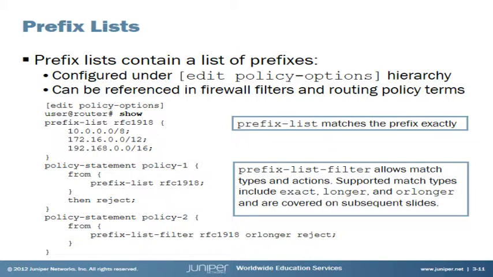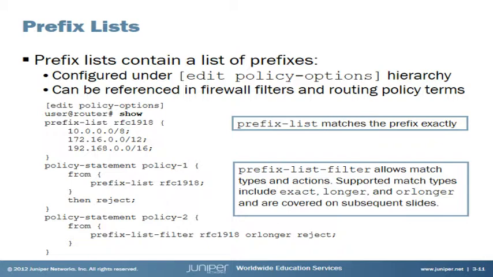Now, if you are a router sitting out on the public internet, that would be a pretty good policy to have, because you should not be getting any routing information regarding those private networks out on the public internet. So what we're accepting or rejecting here is routing information, routes that we receive. That's what we're filtering on.